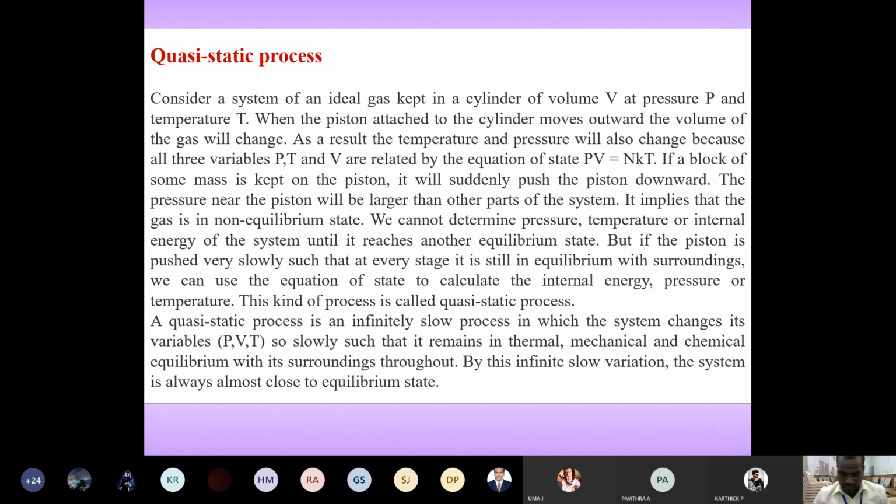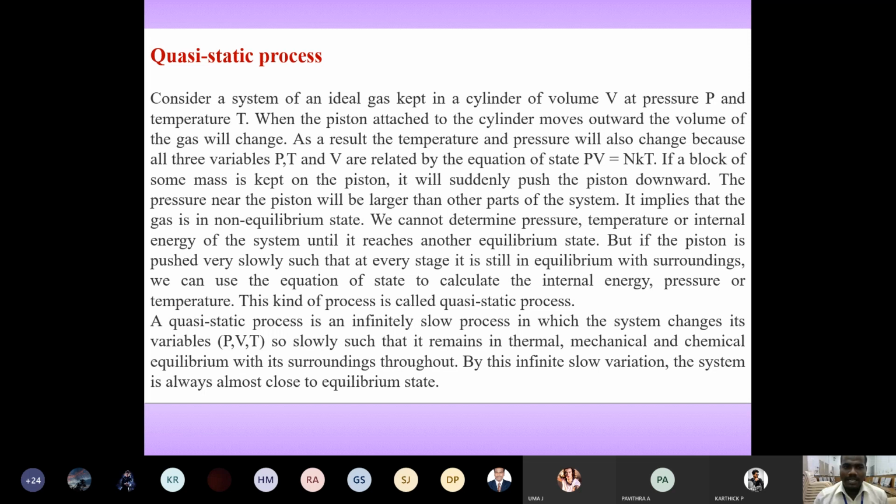Then you have to know the term quasi-static process. In layman's terms, we can say a quasi-static process is a dead slow process, right? Very slow process, right? So let me explain what a quasi-static process is. Consider a system of an ideal gas kept in a cylinder of volume V, pressure P and temperature T, right?